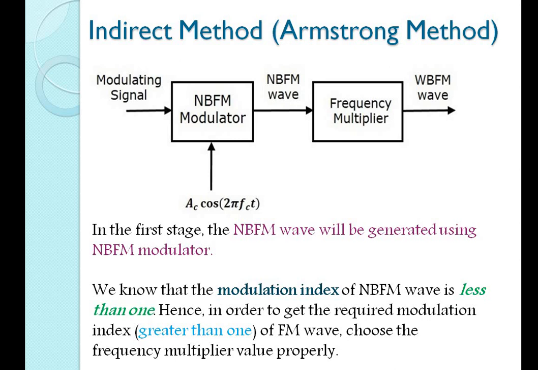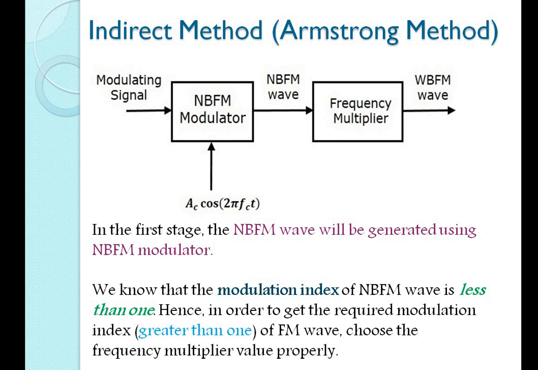So what this frequency multiplier does is choose the proper frequency multiplication value to generate a wide band frequency modulation. It will increase the modulation index, the depth of the modulation, so as to get your wide band frequency modulation. Correct? Again I will explain this block diagram. First the narrow band frequency modulator generates a narrow band frequency modulation, where your beta value is less than 1.